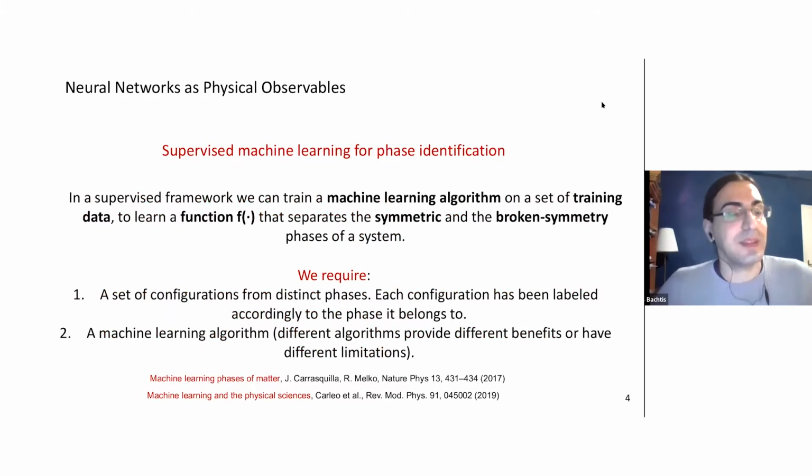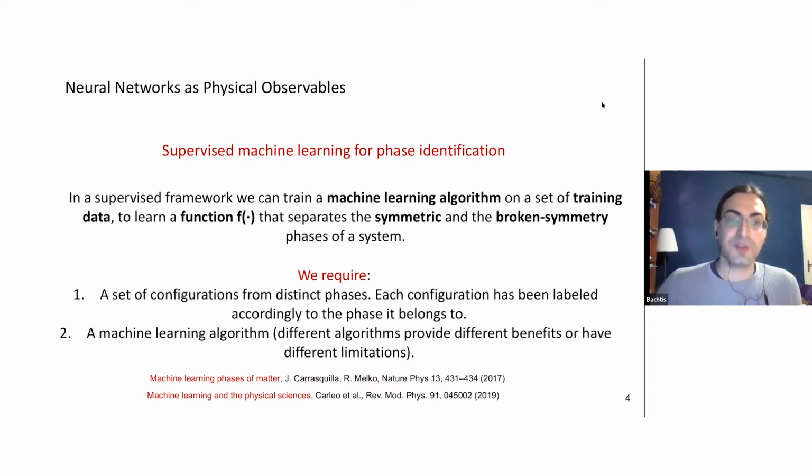So I will start by describing supervised machine learning for phase identification. This topic has been explored a lot in the past 5 or 6 years. There is a vast number of publications that show how to make supervised machine learning for phase identification work. And in a supervised framework, we can train a machine learning algorithm on a set of training data to learn a function f that separates the symmetric and the broken symmetry phases of a system.